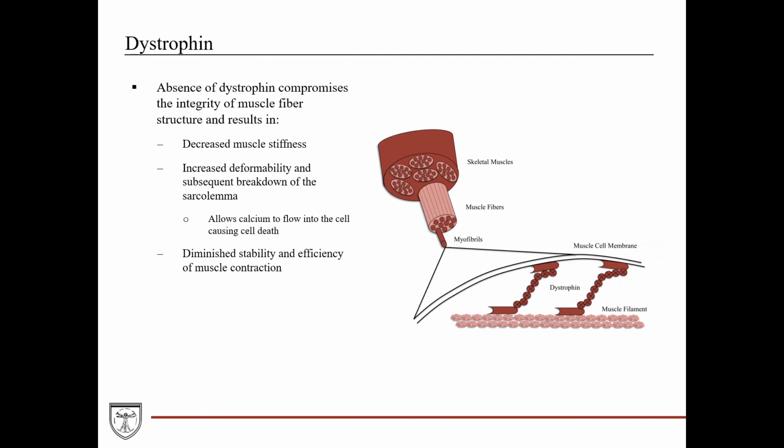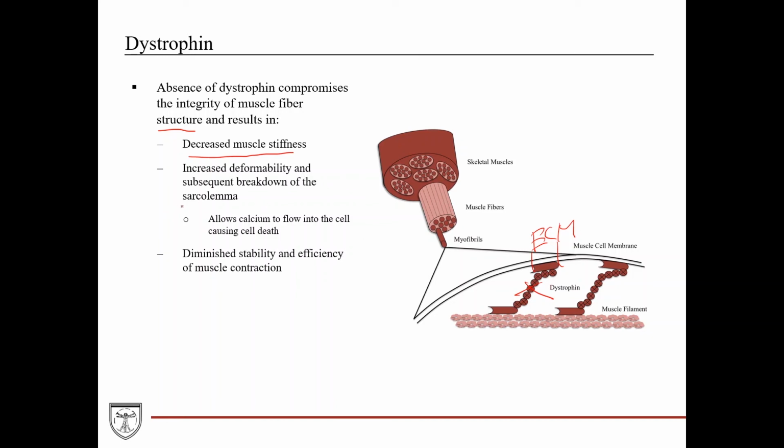When you have an absence of dystrophin, this really compromises the integrity of muscle fiber structure. You've lost this stabilizing connection to not only the cell membrane, but you've also lost the contribution from the extracellular matrix as well. These patients will have decreased muscle stiffness as a result, because the muscle filaments can't contract as efficiently and effectively. You have increased deformability of the muscle cells because dystrophin helps maintain the structure and the integrity of the cell.